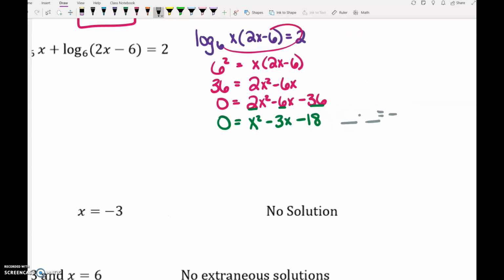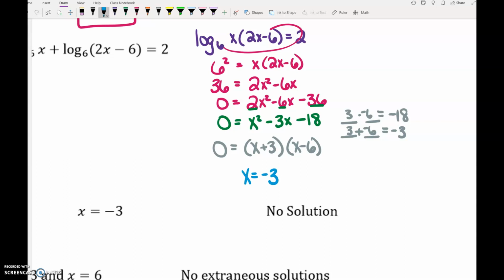Looking for 2 numbers that multiply to give us negative 18, add up to negative 3. That would be 3 and negative 6. So x plus 3, x minus 6, which means our solutions are going to be negative 3 and positive 6.